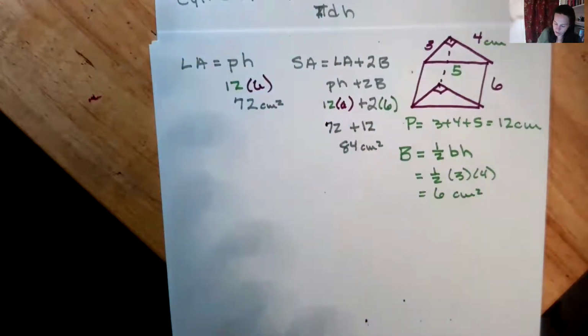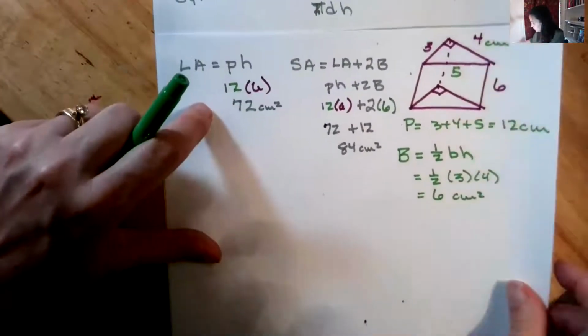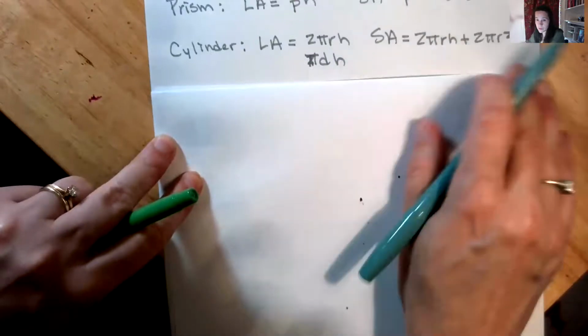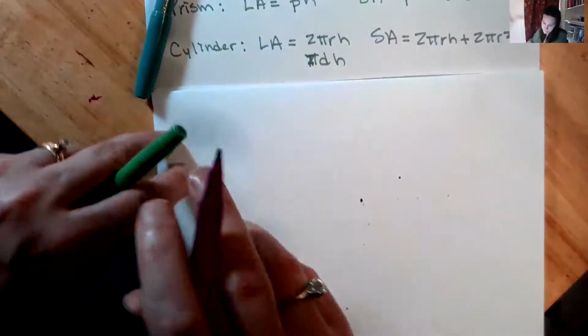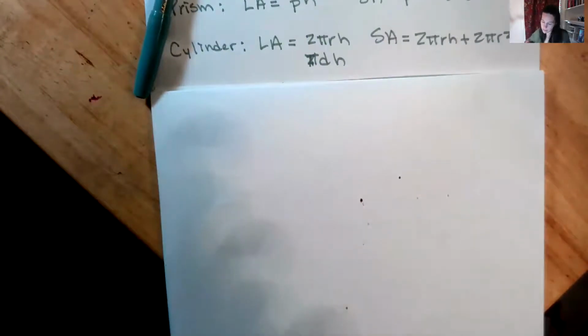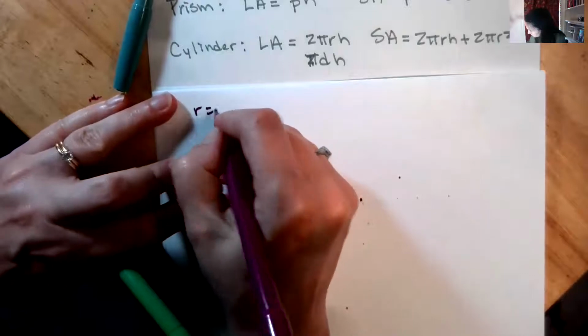How about finding the surface area of a cylinder? So, okay, surface area of a cylinder. Okay, the radius of the base of a cylinder is 4 inches. So our radius is equal to 4 inches.